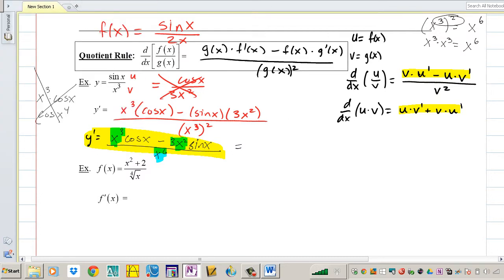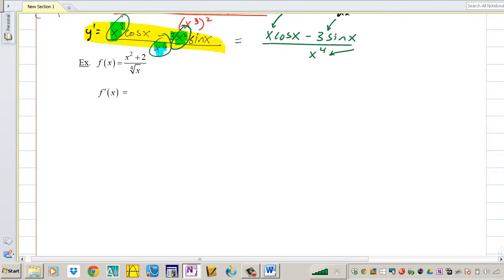That means that I can actually rewrite this as x cosine x minus 3 sine x all over x to the fourth. What just happened? Notice that I had a common factor of x squared. I can take out x squared from the top and from the bottom and then cancel them out, which only leaves me with 1x here, no x, and x to the fourth.